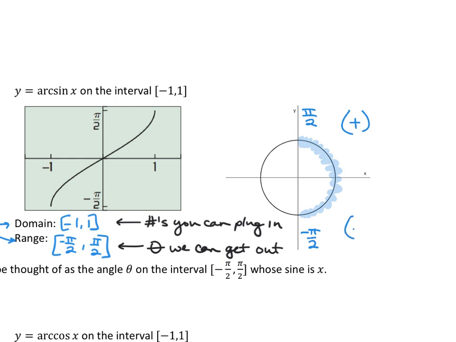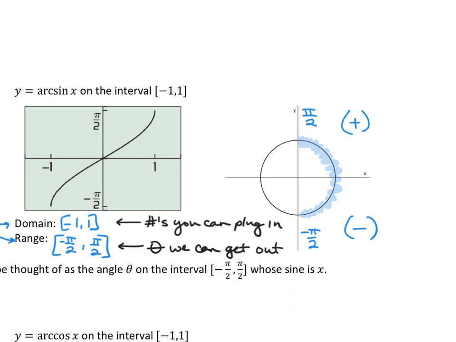When we have values that are negative, you'd be in quadrant 4. So you should have some sort of negative output value. So it changes our domain and range. Because normally sine, if you think about it, was quadrants 1 and 2. But for inverse sine, it's quadrants 1 and 4, which is interesting.